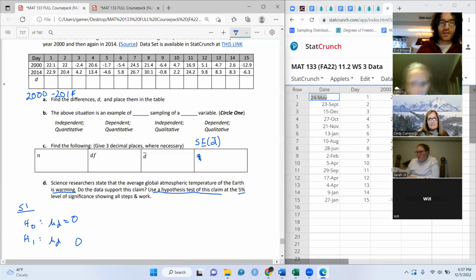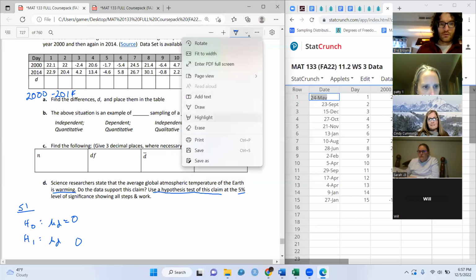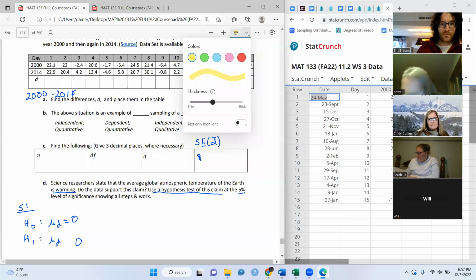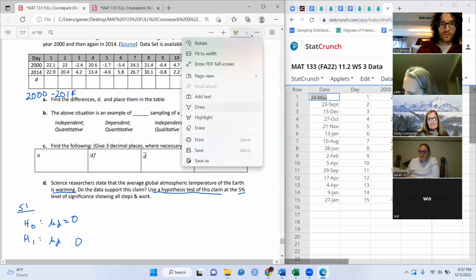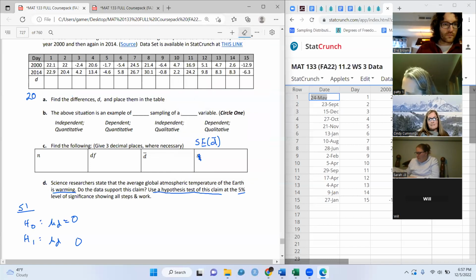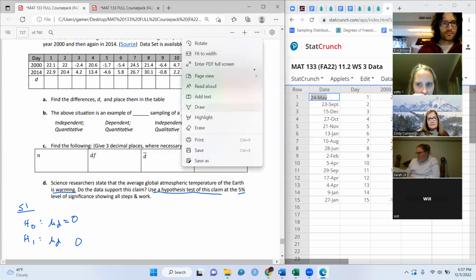So which of these 2 temperatures do we think is going to be the larger one? 2014. Okay, the 2014. So what happens when you subtract a big number from a small number?